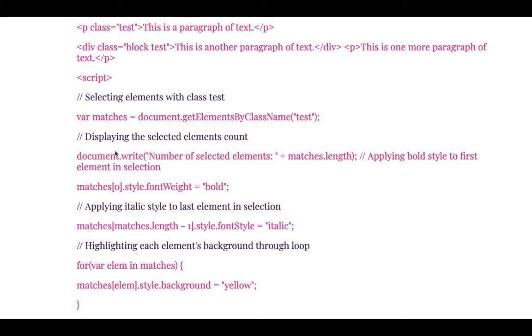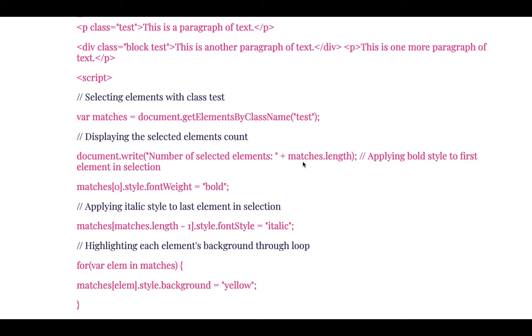So we are saying document.write number of selected elements. Then document.getElementsByClassName is going to return an array, and remember that an array can contain multiple values. So getElementsByClassName returns an array of all the elements that have the class test.